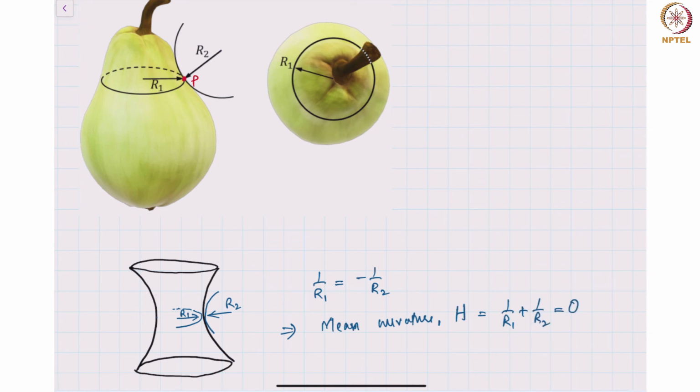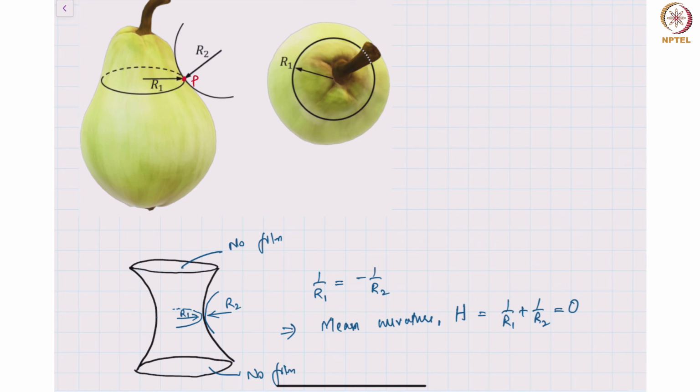We can physically explain why it would be 0: this is a very thin film that goes around, so it's open on both sides. There is no soap film at the top and bottom.